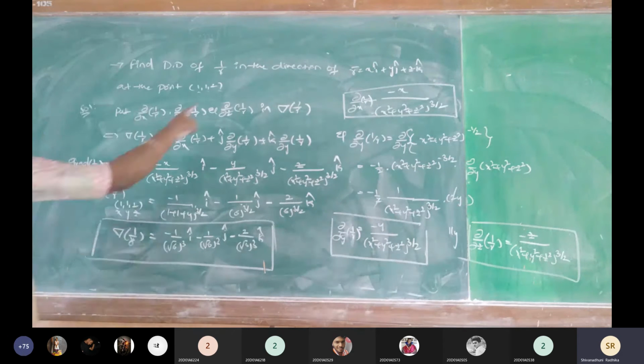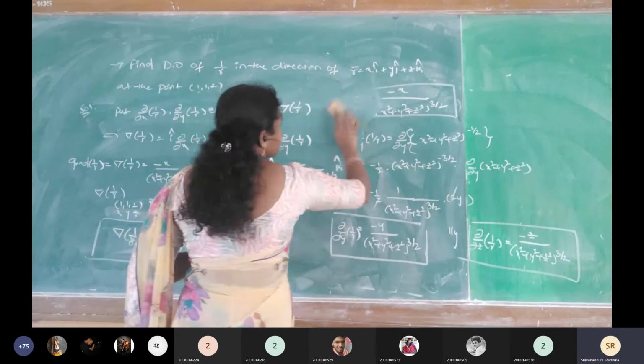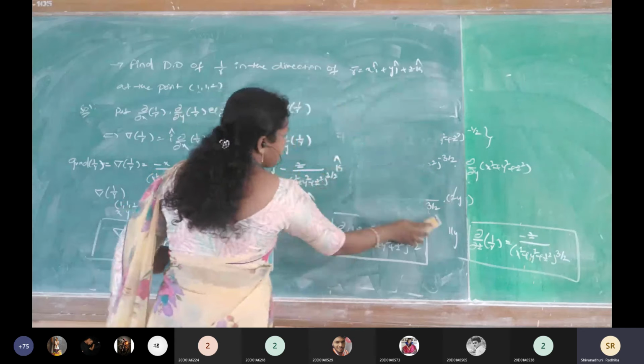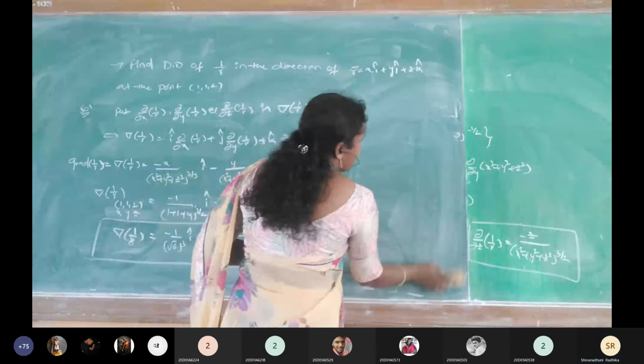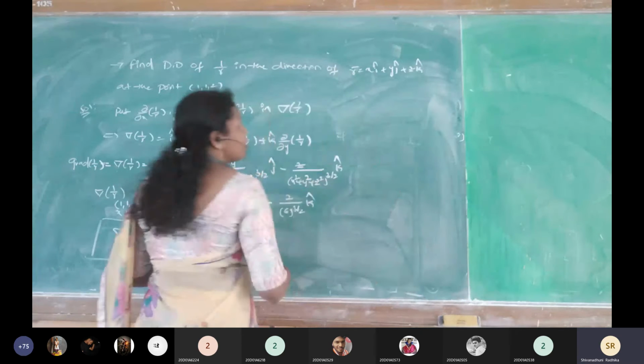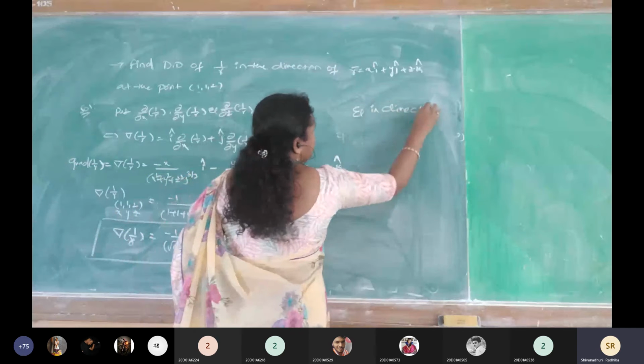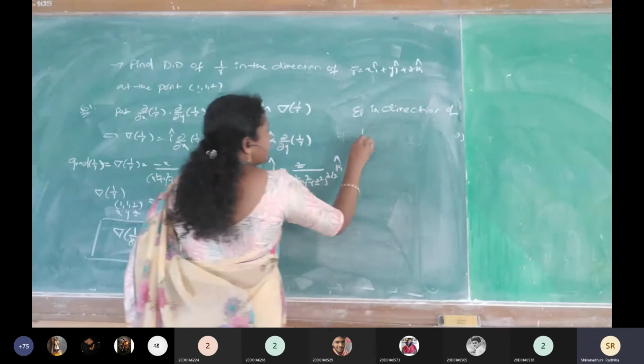Now in the direction of r bar. So in the direction of r bar means what we are going to find? The maximum value of the given function in the direction of modulus of r bar.